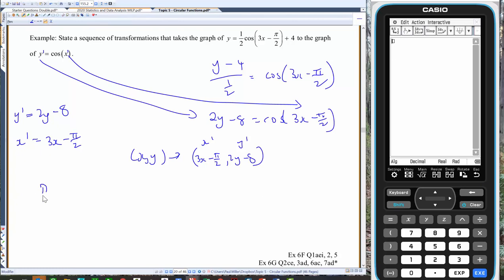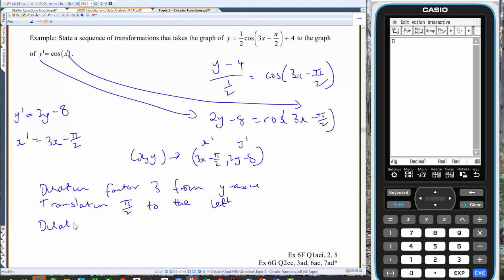Now we're going to list the transformations. So we've got a dilation factor 3 from the y-axis, translation pi on 2 to the left.